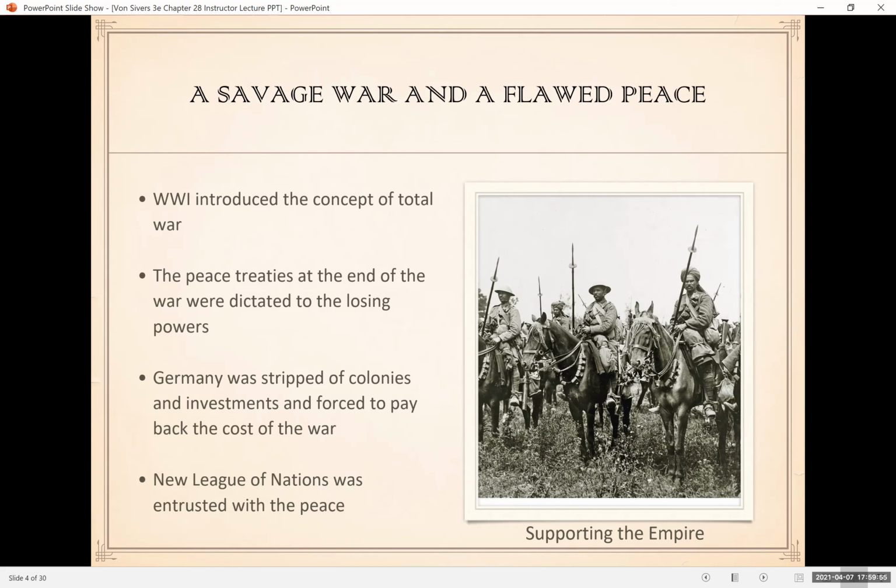These were parsnips and turnips. That's not a really good replacement. However, when you're hungry. So Germany was forced into a brand new situation. It was no longer an empire. It was a republic.